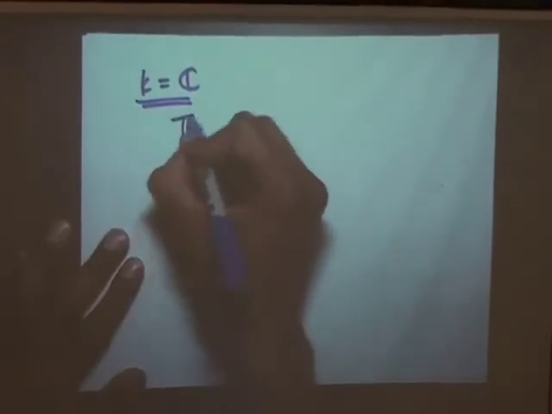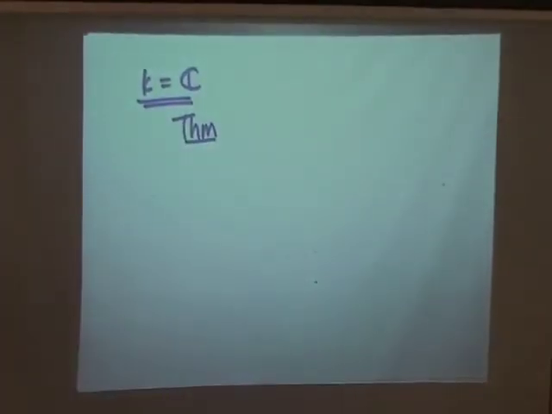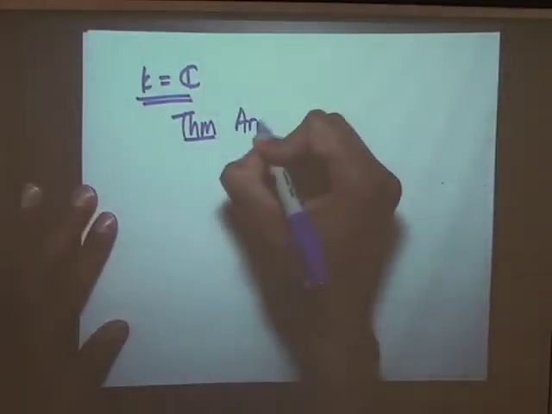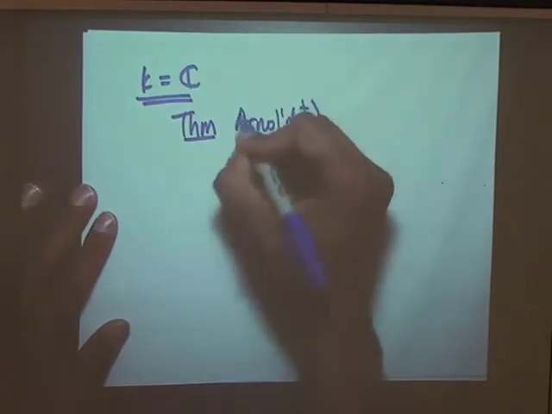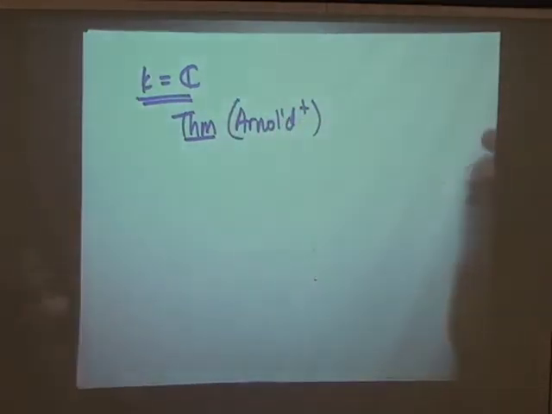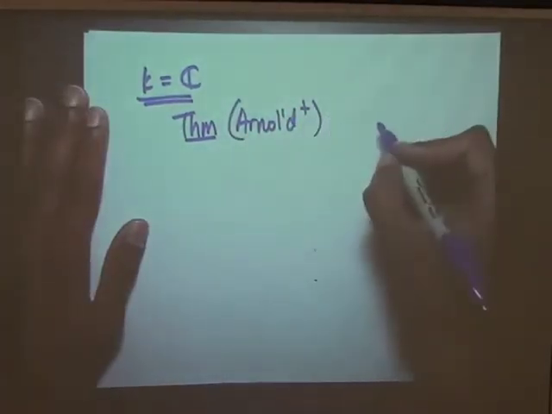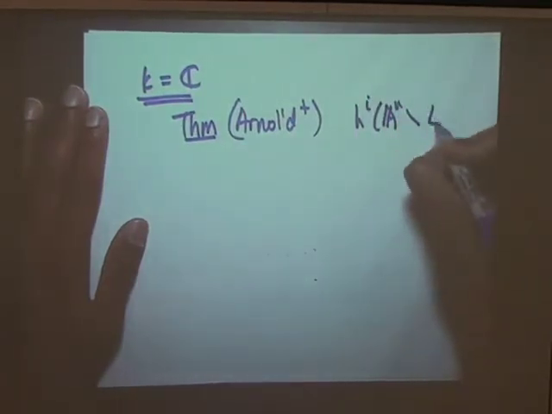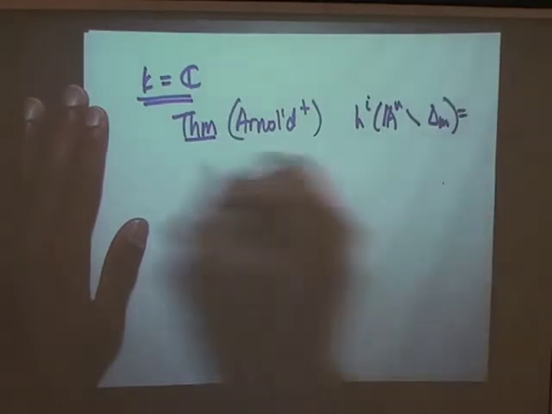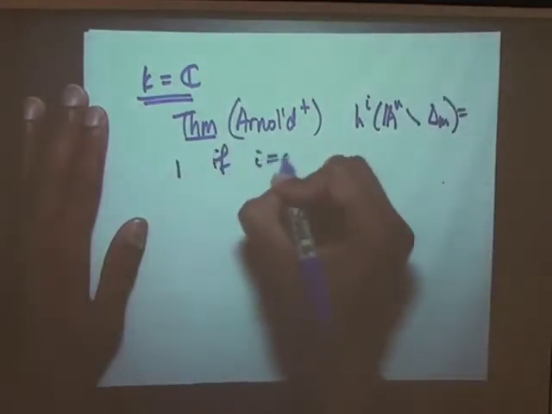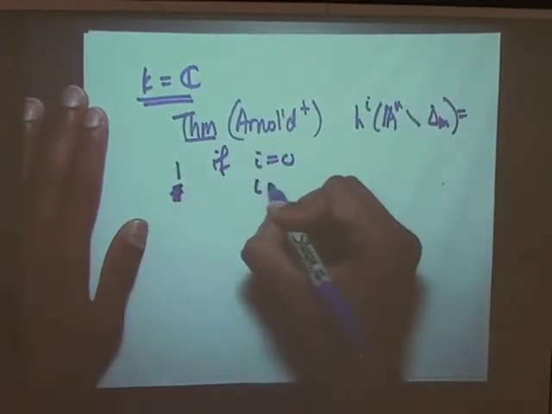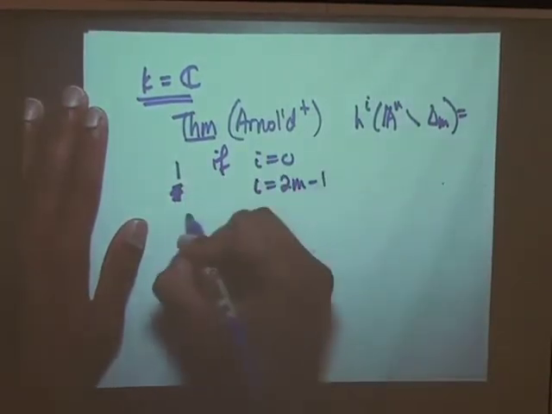So here's a theorem of Arnold. Maybe I should emphasize that we could have known this, and people probably knew it 150 years ago. This is not a hard statement. But here's a theorem of Arnold, with a little bit more in the easy stuff to generalize the case I'm going to talk about: the cohomology of this space is 1 if i equals 0, that's the easy thing, but also when i is 2m minus 1, and it's 0 otherwise.